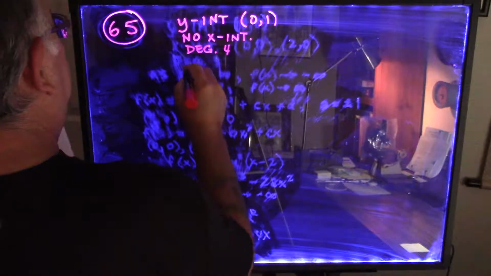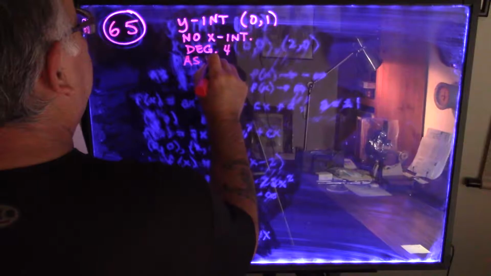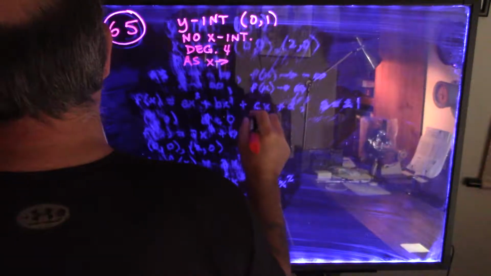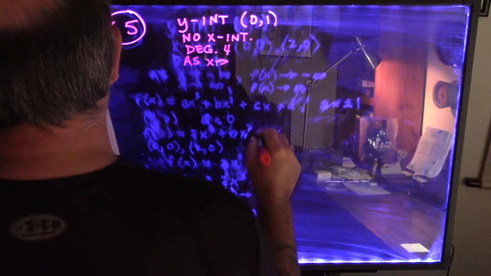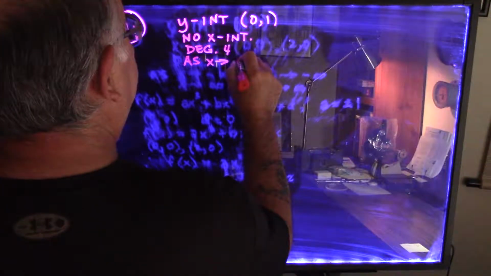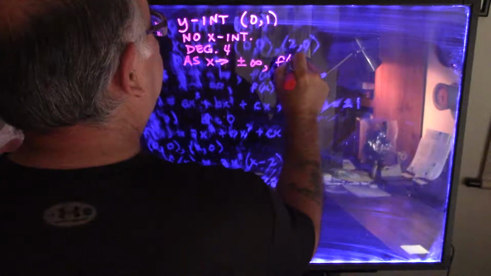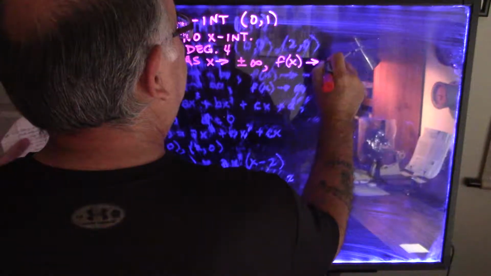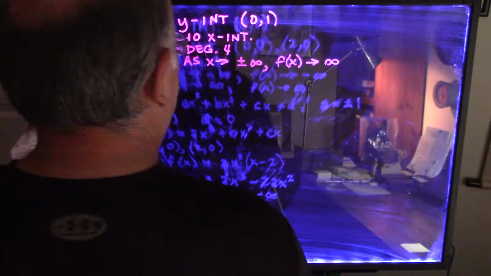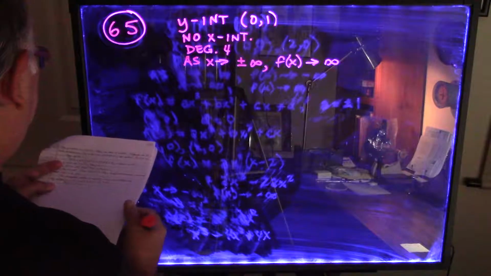And the end behavior: as x goes to either positive or negative infinity, f of x goes to infinity. So I'll say as x goes to plus or minus infinity, f of x goes to infinity. So that encapsulates the end behavior in one line. All right. So it's degree 4.